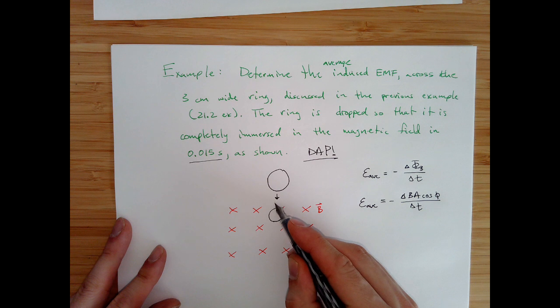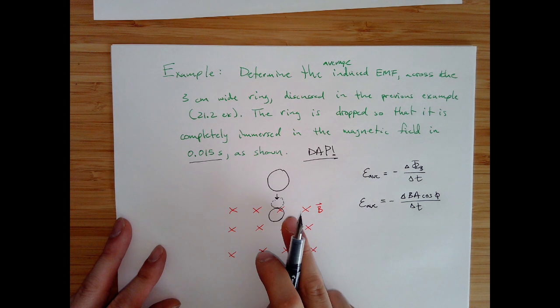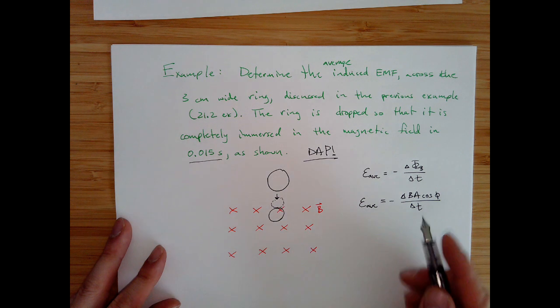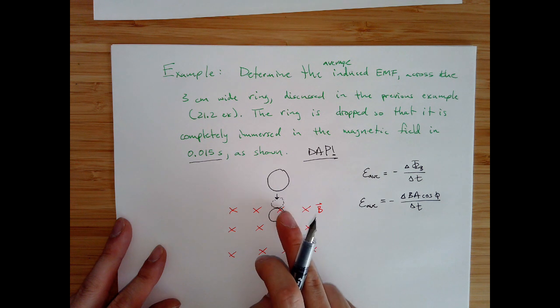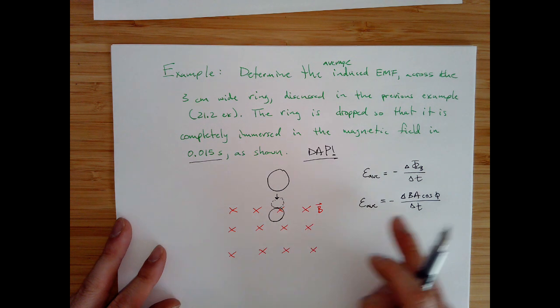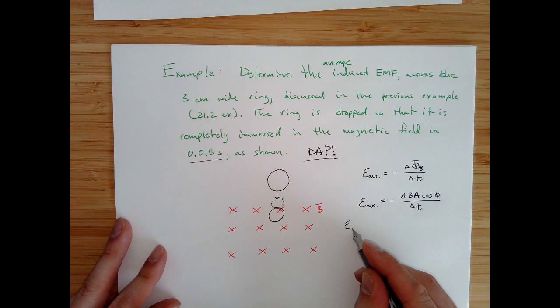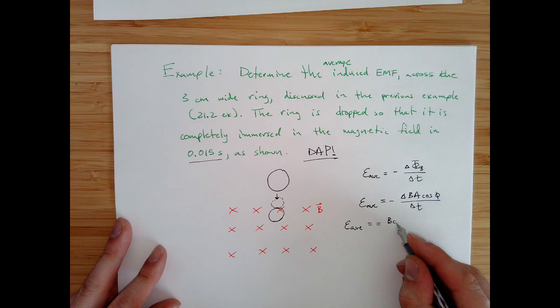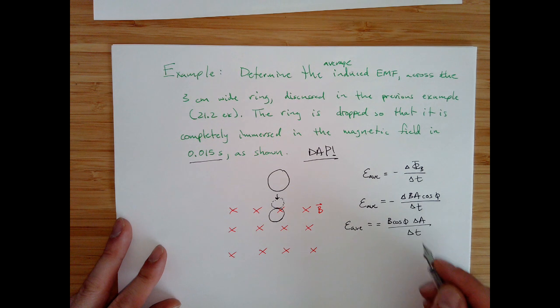If we think about what's changing here, the instant that this starts to enter the field, it has 0 area with B field lines through it. And as it enters the field, more and more of that area is entering the field. So we could say our delta, final minus initial, should be applied to A. So we have the average induced voltage equal to negative B cos phi delta A over delta t.